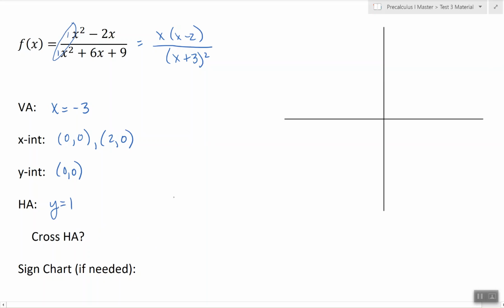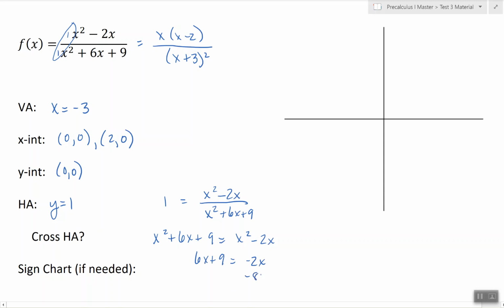To see if we cross, we make the y equal 1 and see if we can get an x value that goes with that. I'm going to multiply both sides by x squared plus 6x plus 9. The left side becomes x squared plus 6x plus 9, and on the right side the denominators cancel, so I end up with 6x plus 9 equals -2x.